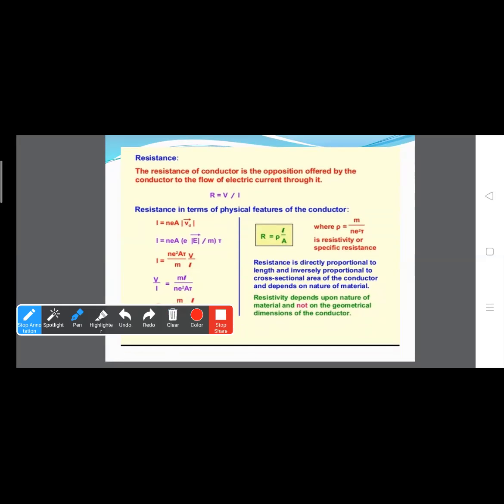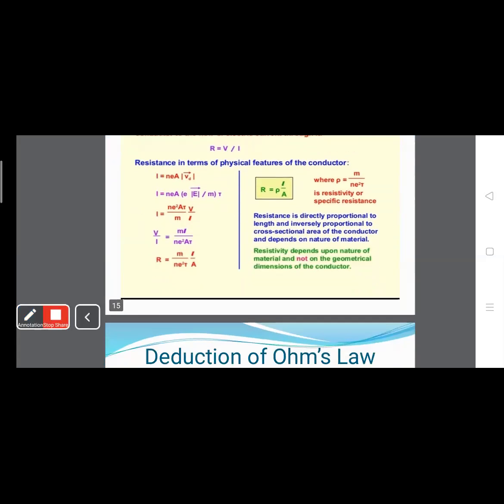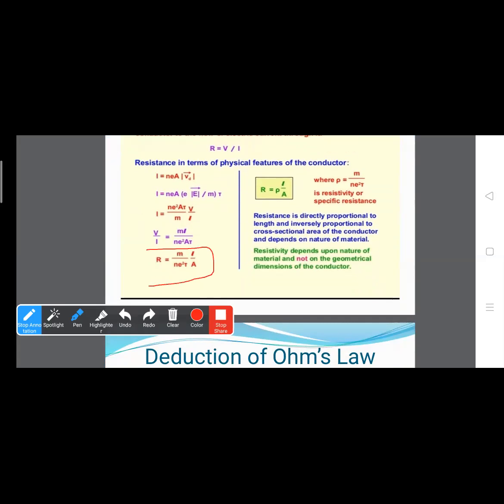Clear? So now R equal to m L upon n e squared τ into A. Where m upon n e squared τ is given by rho. This is rho.